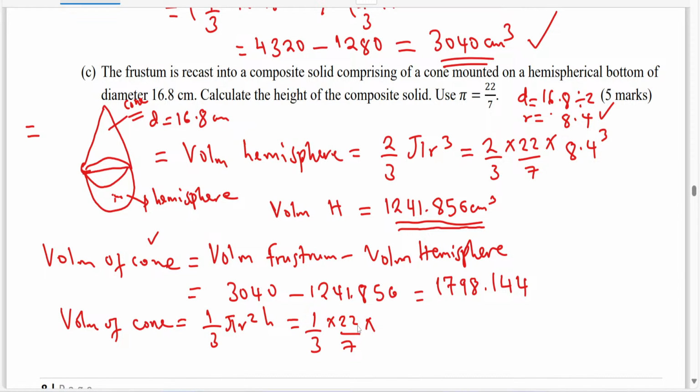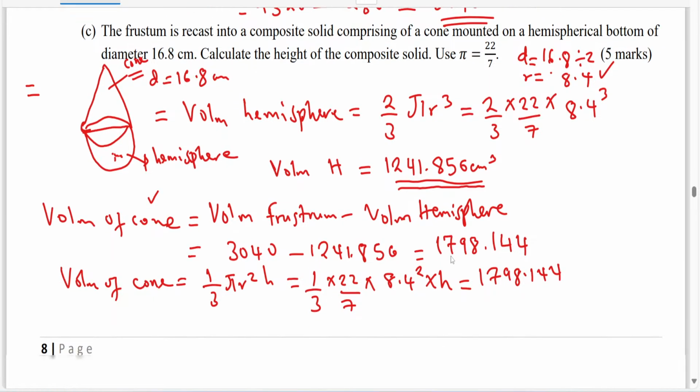So 1/3 times 22/7 times 8.4 squared, times our height, equals 1798.144. Height is easy to find: first divide that by 22/7 times 8.4 squared.